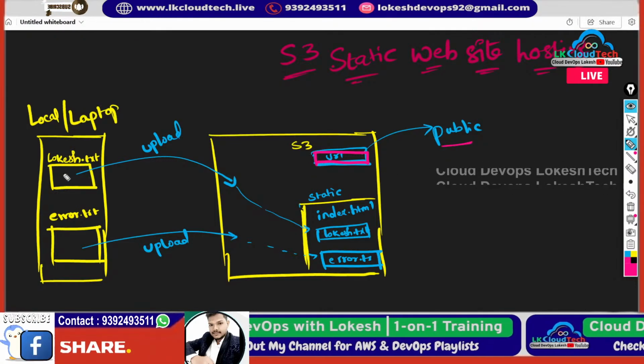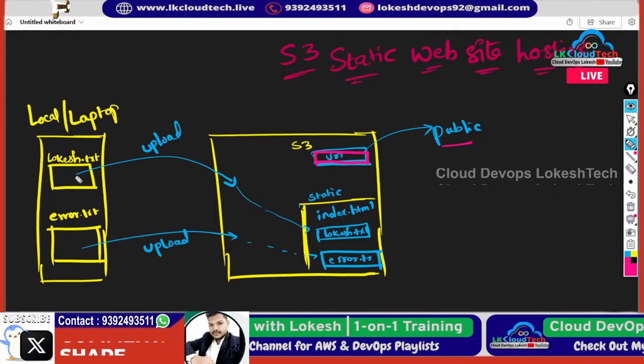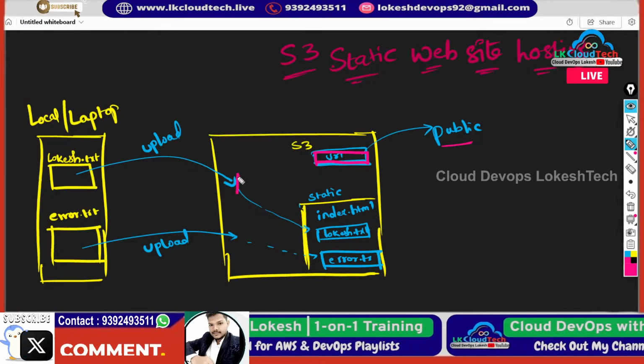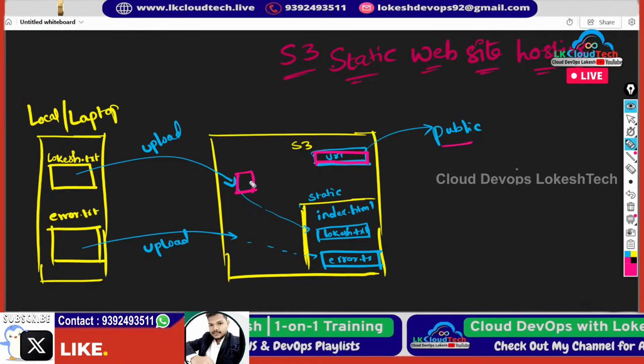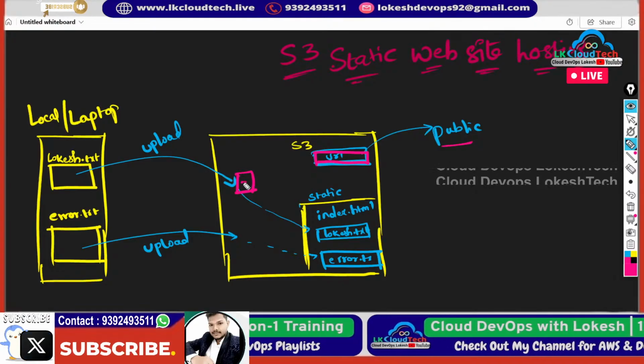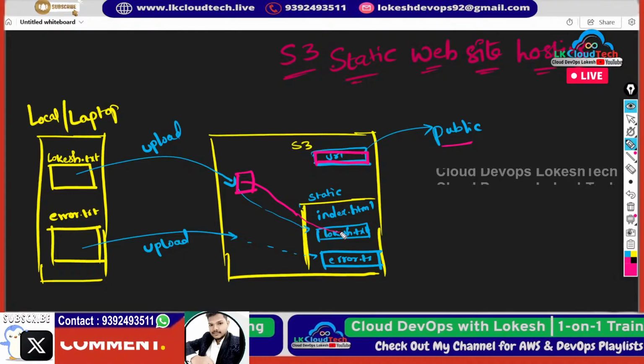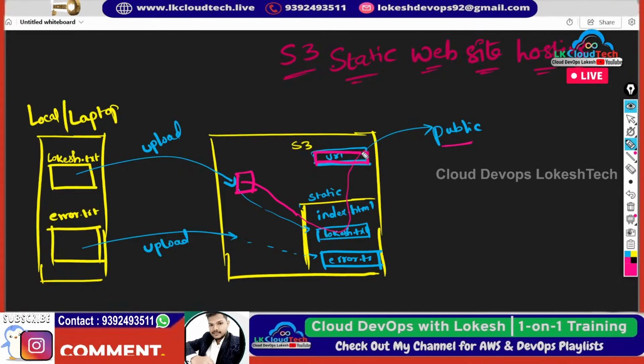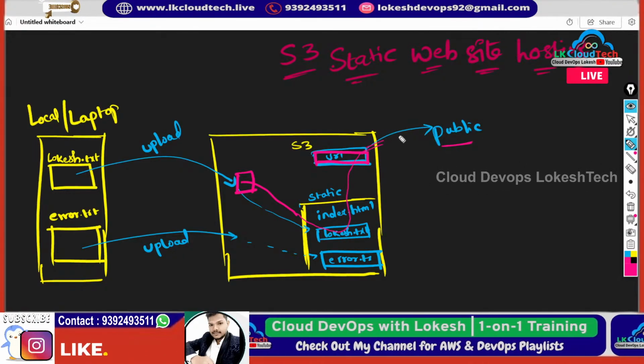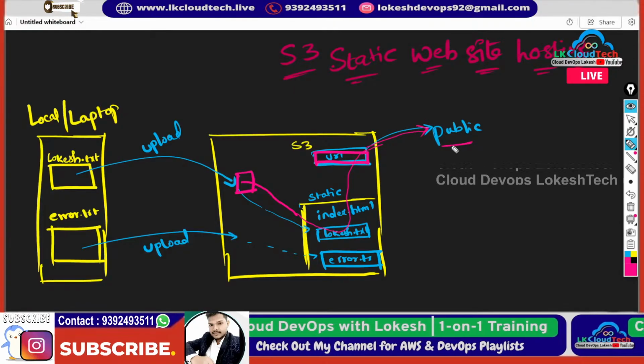How? Whenever I upload, the file is here, and that file is actually served through index.html, through this URL. So this URL is shared with the public.